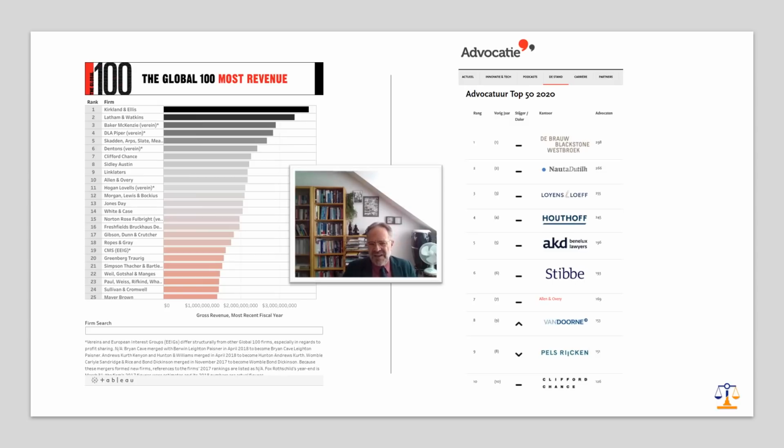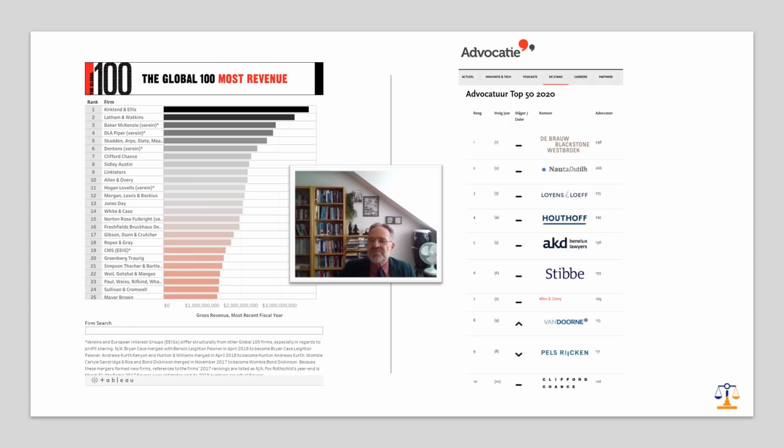On the left hand side, you'll find the really big ones. In terms of revenue, they are mostly American or British law firms, for the reason that common law, English law, is so important in international business, for the reason that they have big home markets and that they have in the past followed their international clients into the markets in which their international clients expanded further. So you'll find them all around the world.